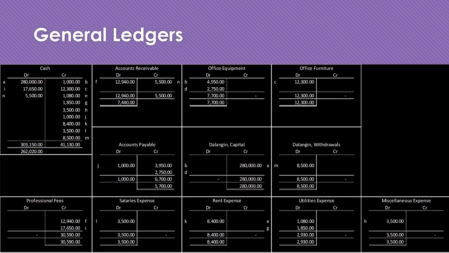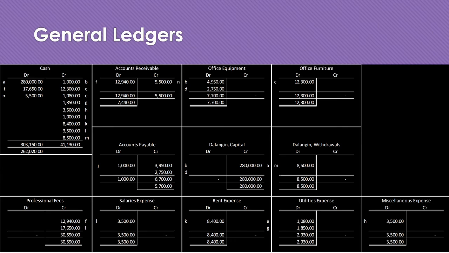So, okay, letter A, meron kang debit na 280,000, meron kang credit sa capital. Diba? So, referencing. Since walang reference numbers dito, we use the transaction letters. So, here you would see debit, transaction A, 280, credit, balangin capital, 280.